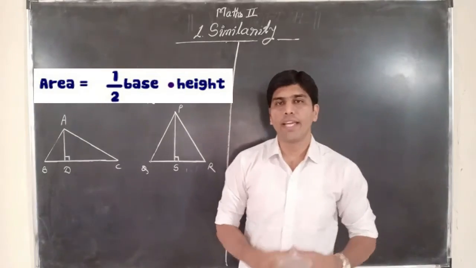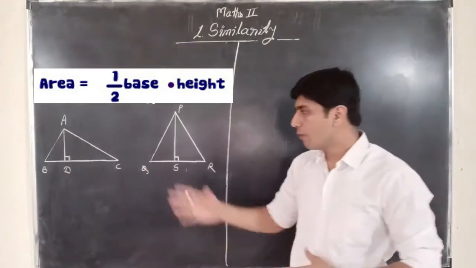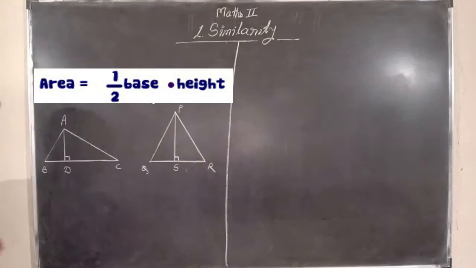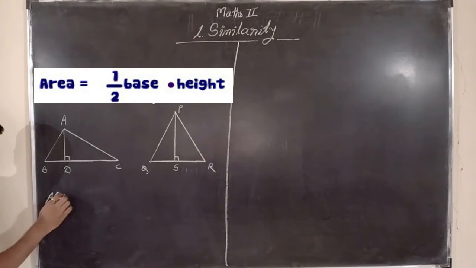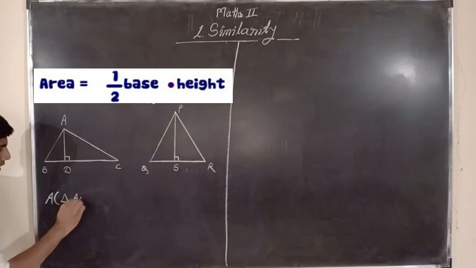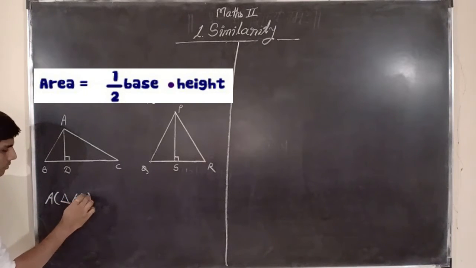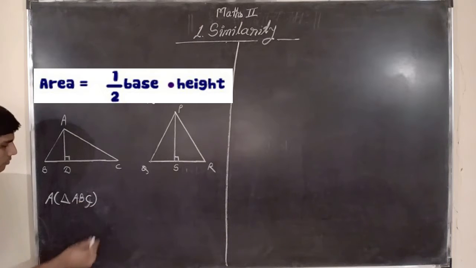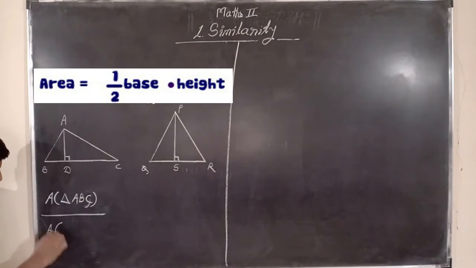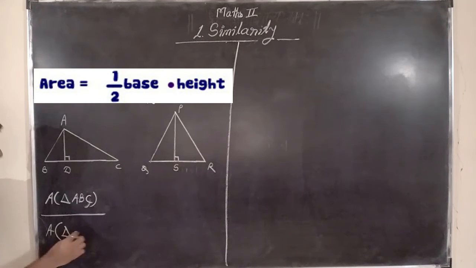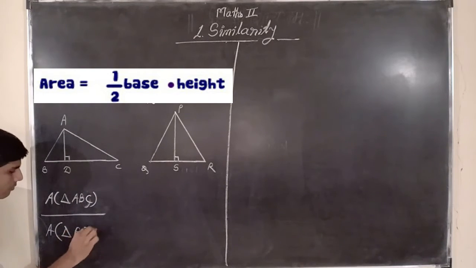Let's find the ratio of the areas of these two triangles. So here we have the first triangle, that is triangle ABC. So area of triangle ABC upon area of triangle PQR.